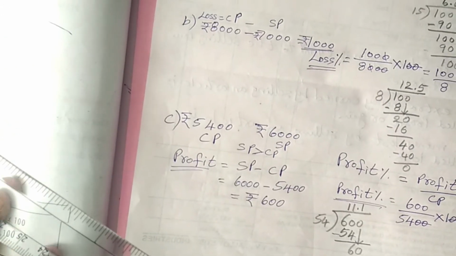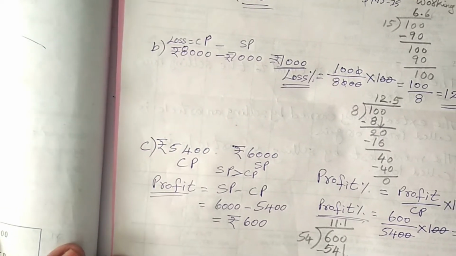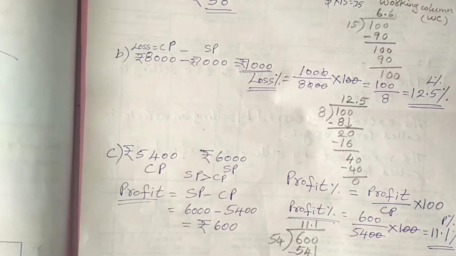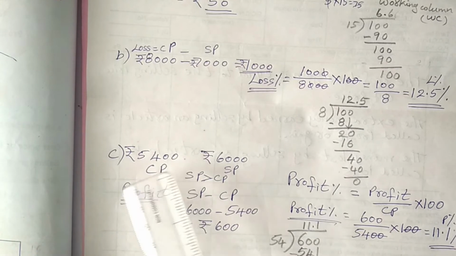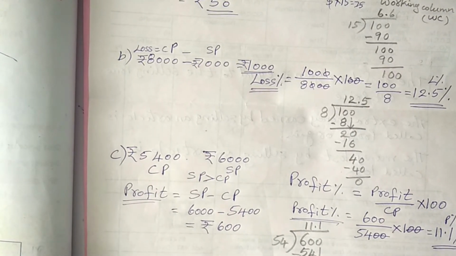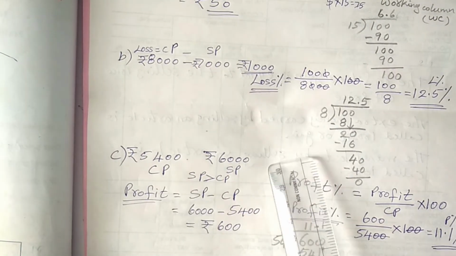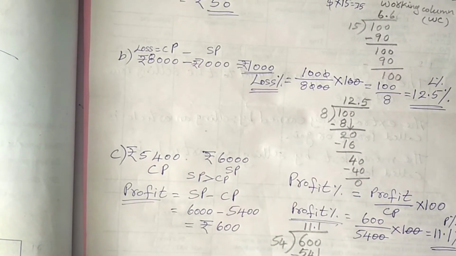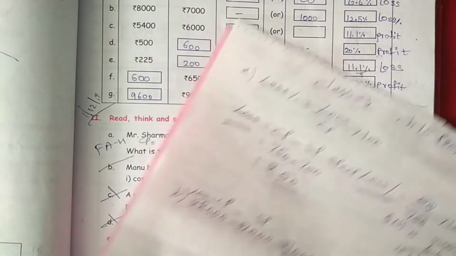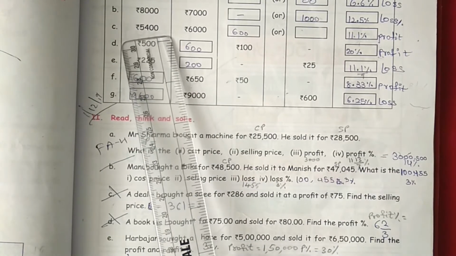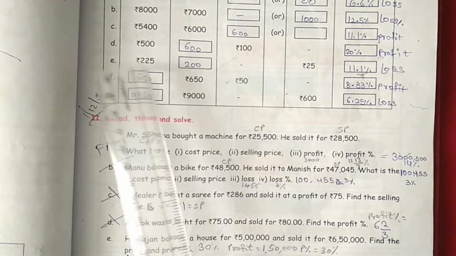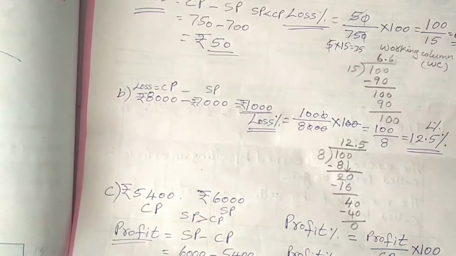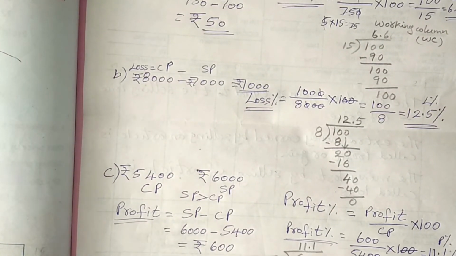Now C bit. Here they have given cost price 5,400 rupees and selling price they have given 6,000 rupees. See in the textbook also. Okay. Now what we have to find out here, they are asking to find out profit percentage.